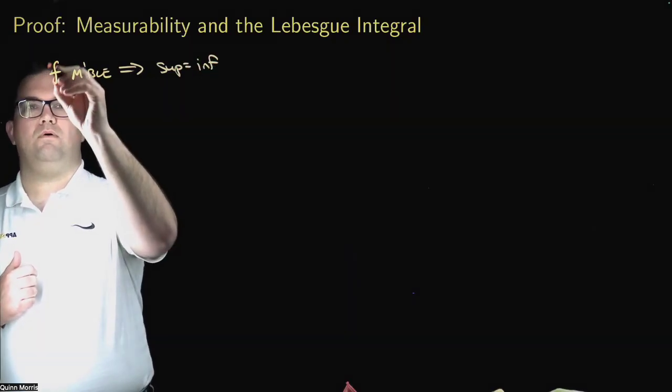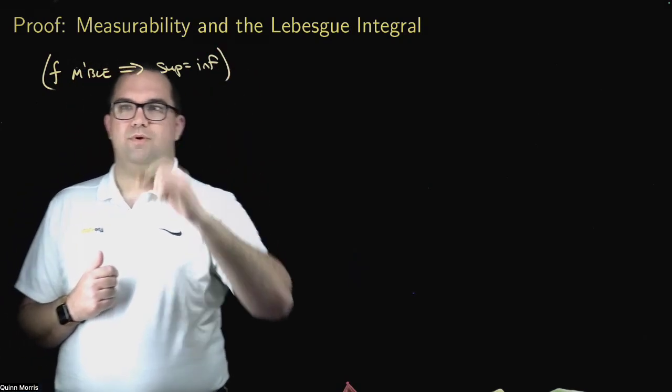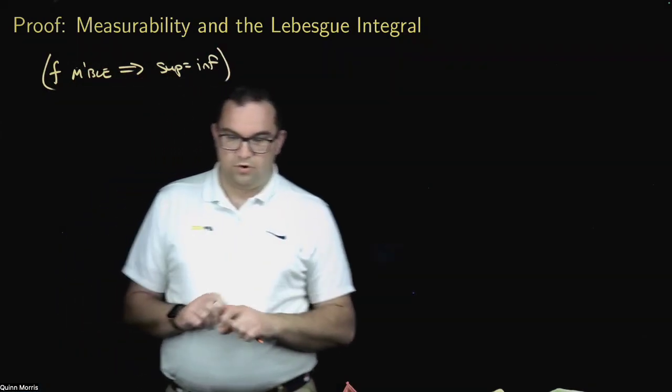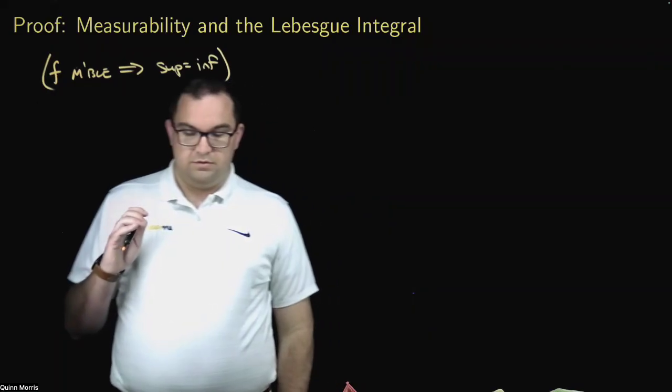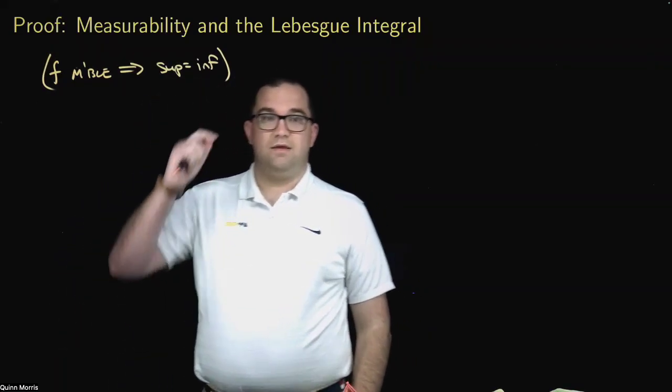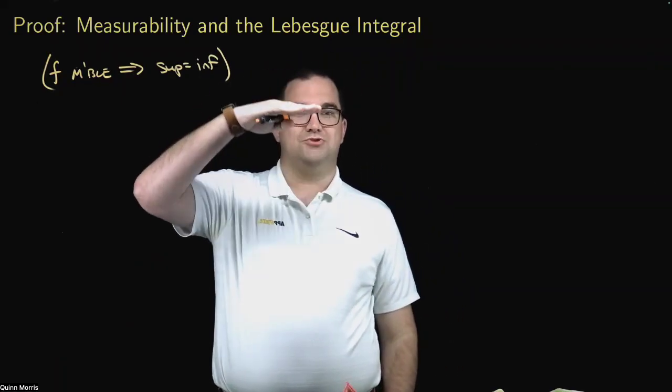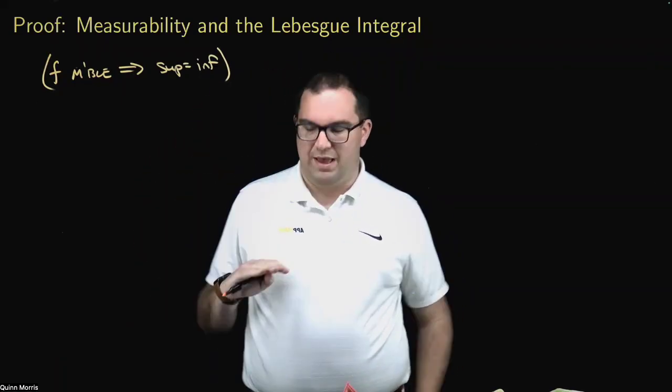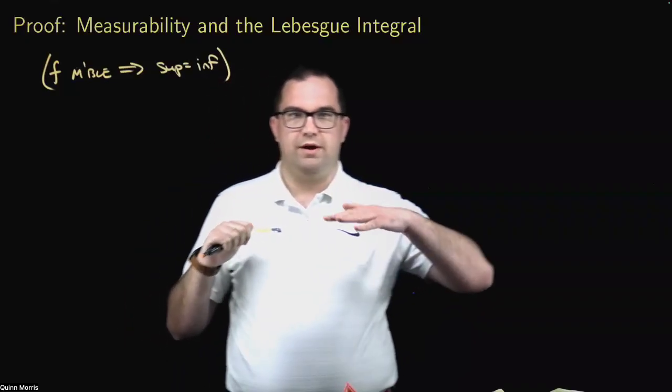Now, the way we're going to go about doing this is we are going to construct a simple function psi that lies above f, but actually a sequence of them that are converging to f pointwise almost everywhere.